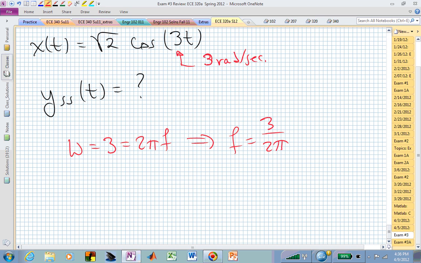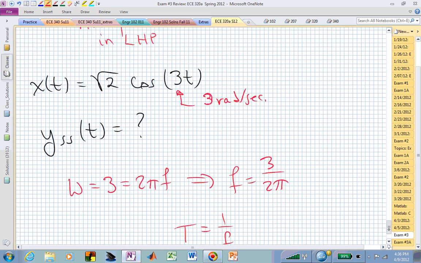Your frequency is now 1/2 a hertz. And that's how fast you're shaking the system, roughly. And if somebody wanted to know the period of that waveform, that would just be 1 over f.